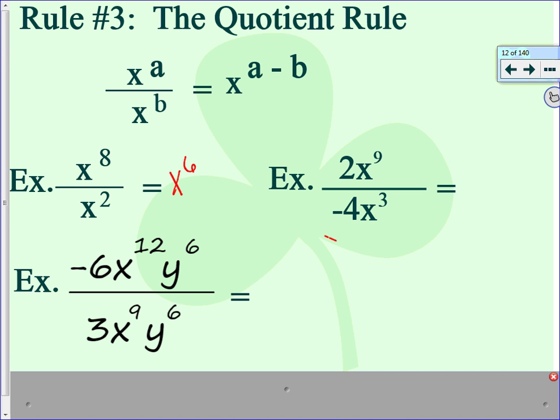Ava, for this next one, you have to reduce this fraction. So Ava, what is 2 over negative 4 reduced to? Negative 1/2. And I think it looks better to put the negative on the outside. And then how many x's will we have?